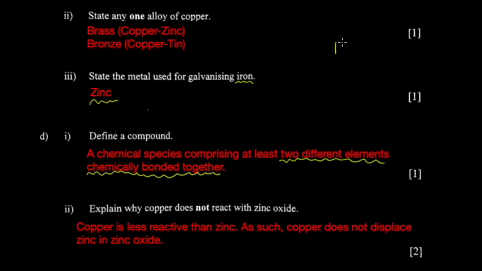If it's, let's say, hydrogen gas, it's not a compound, although the two atoms are chemically bonded, because they are actually the same element. They have to be different elements. For example, sodium chloride is an example of a compound. It satisfies those two conditions: two different elements, sodium and chlorine, chemically bonded together. This is ionic bonding between these two. So any chemical species comprising at least two different elements chemically bonded together is a compound.